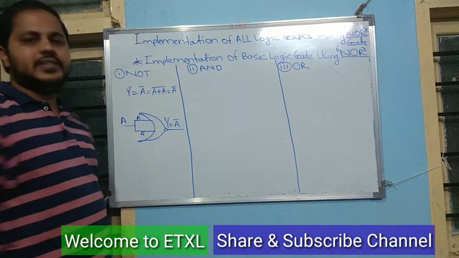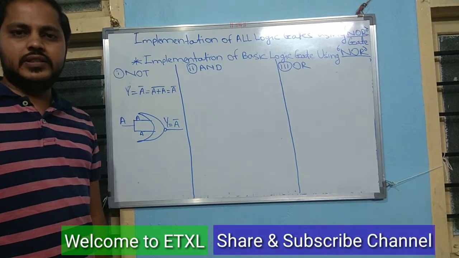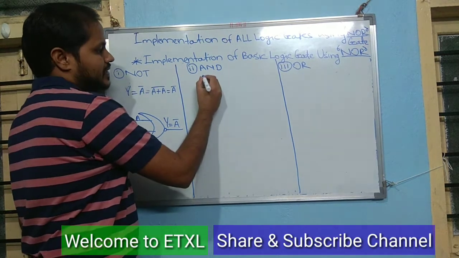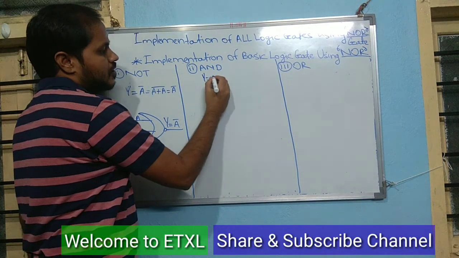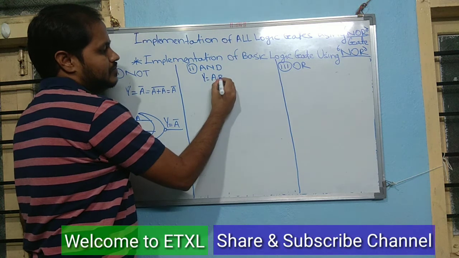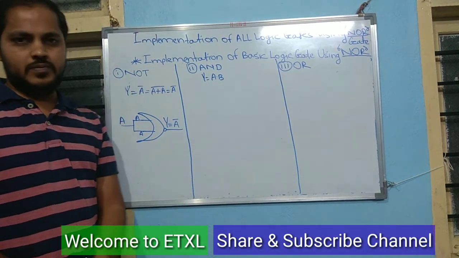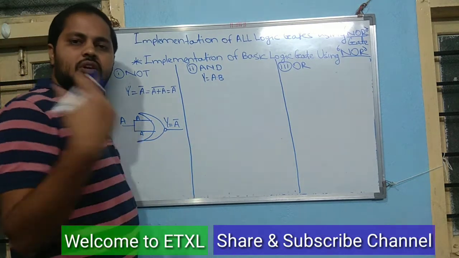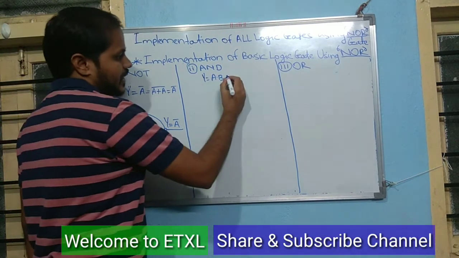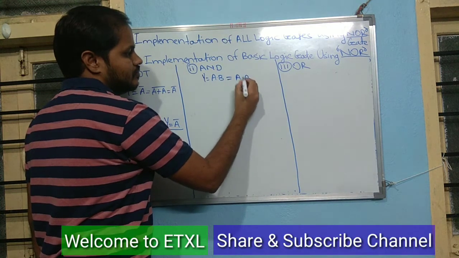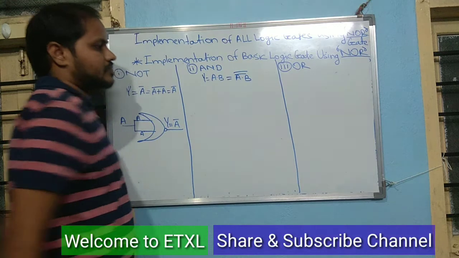Okay. Next is the implementation of the AND logic gate. What is the logical equation of the AND logic gate? Y is equal to A into B. Convert this logical equation into the NOR form. According to the laws of Boolean algebra, Y is equal to A into B double bar.